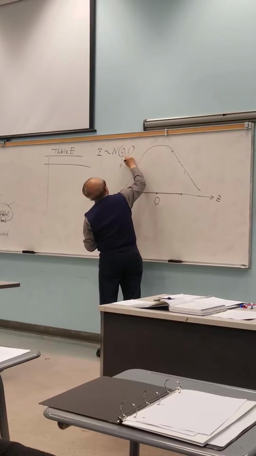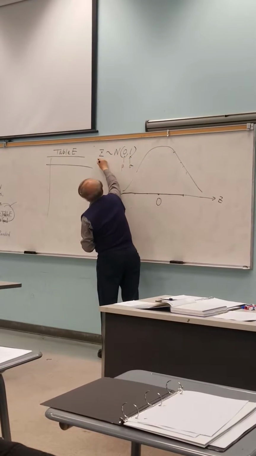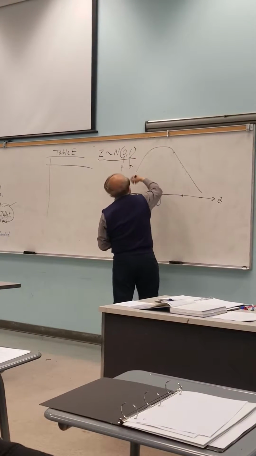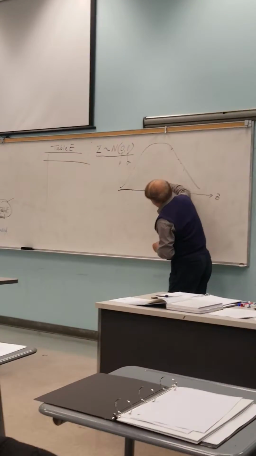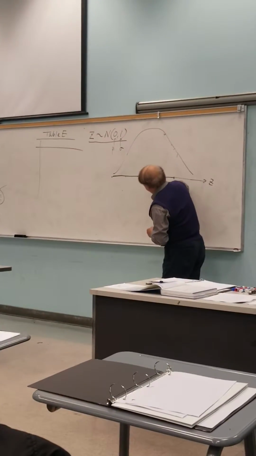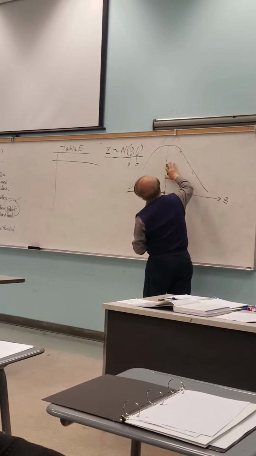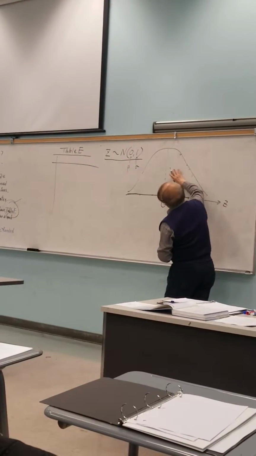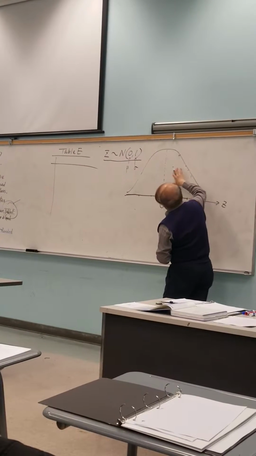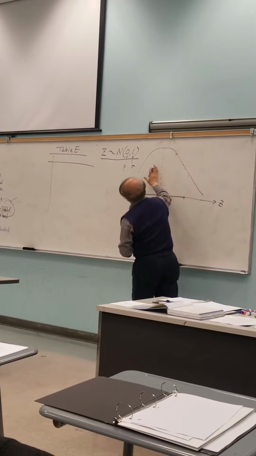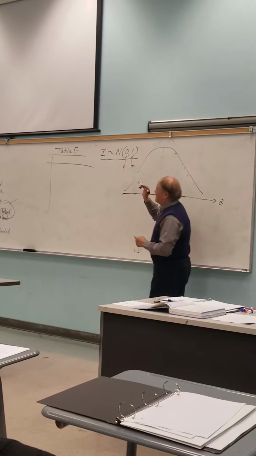The standard deviation is 1. The graph looks like that. The center is 0, the mean value. It's symmetric, so you have 50% area on this side and 50% area on this side.